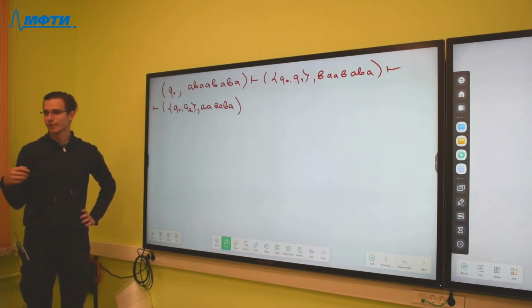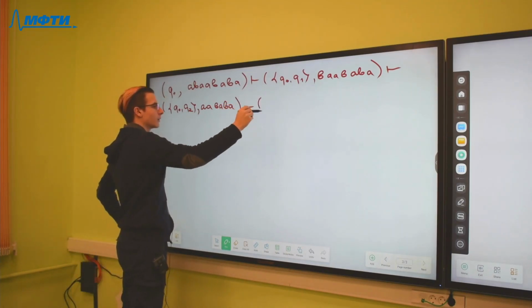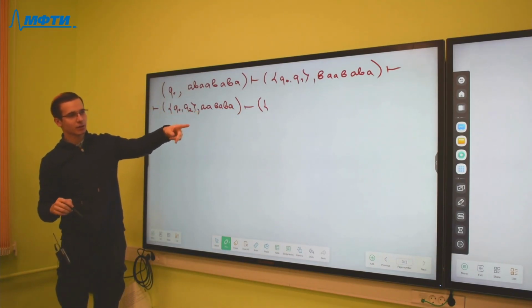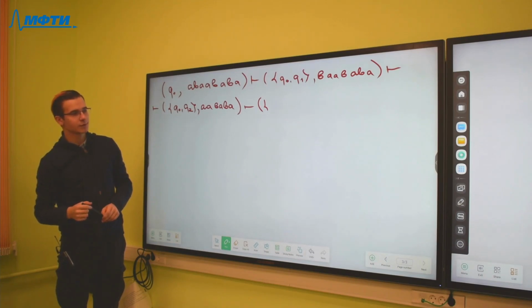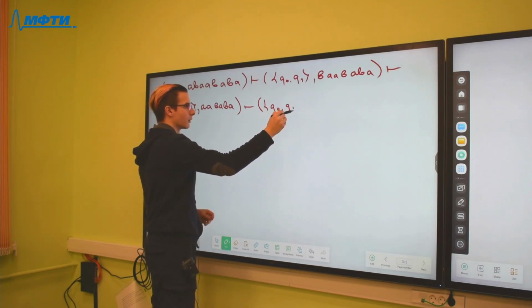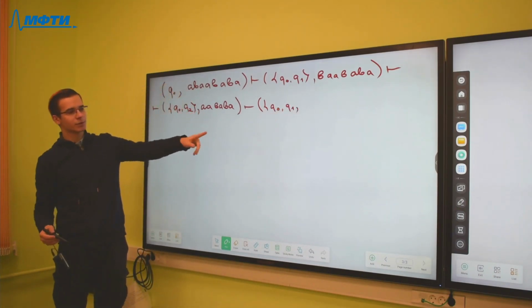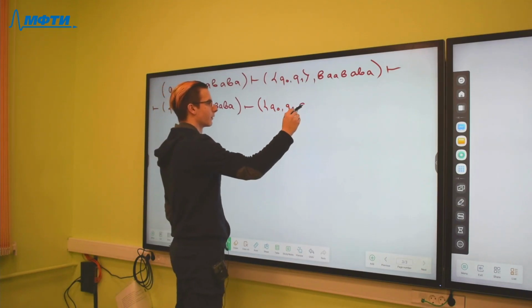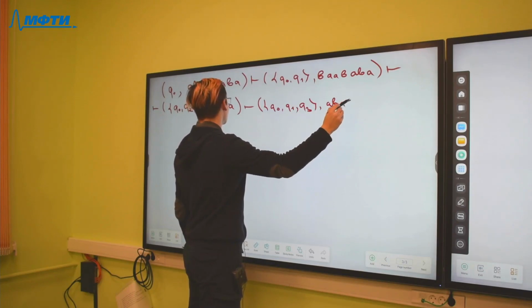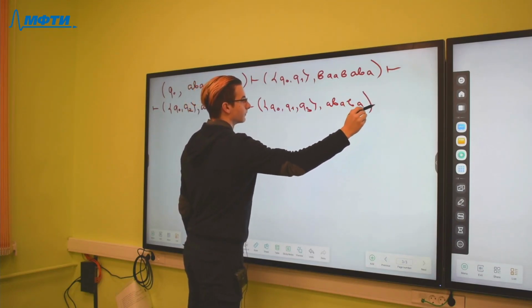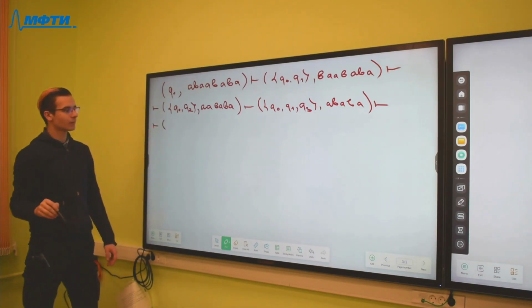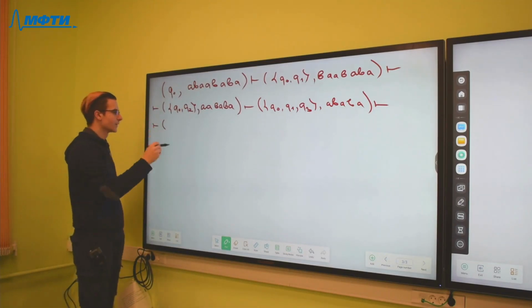Then I repeat this algorithm. So then Q0 with the character A changes to Q0 and Q1, and Q2 changes to Q3. Then repeat.